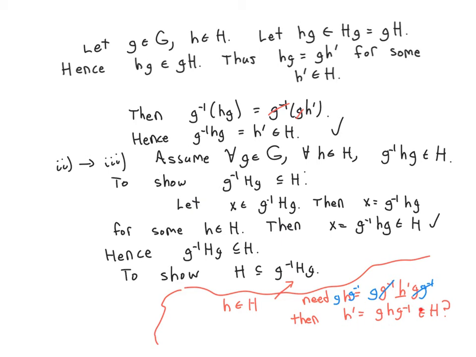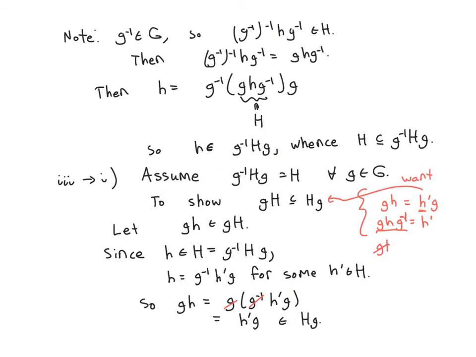How are we going to get such an h prime? And we know it needs to be an h. Oh, well, there's the way to solve the mystery. g inverse is an element of the group. And so this g h g inverse is just the conjugate of h by g inverse.